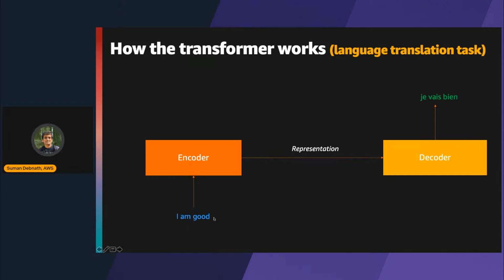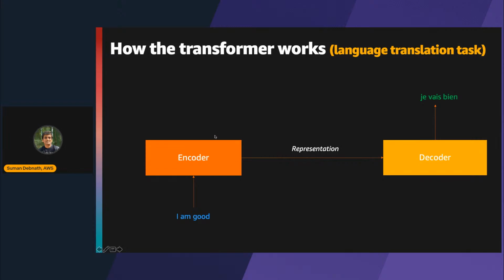By better representation, I mean the representation of "I am good" will have a contextual meaning. If this is the sentence "I am good," as we know English, we know that this "good" is referring to "I," right? So all that information will be embedded in the representation.